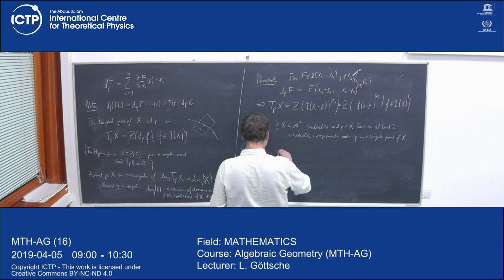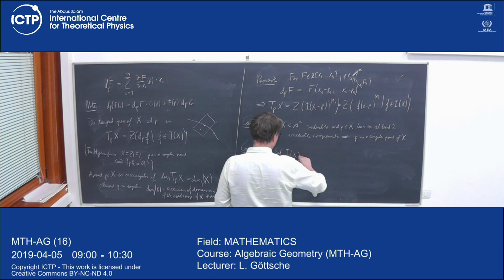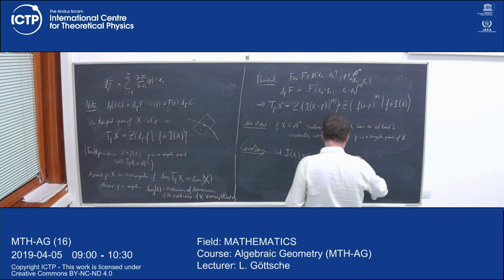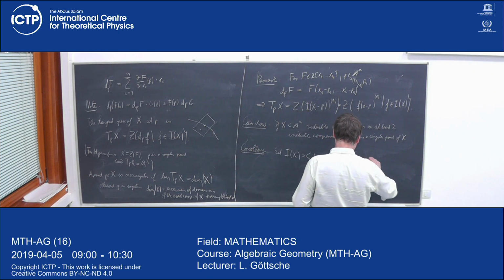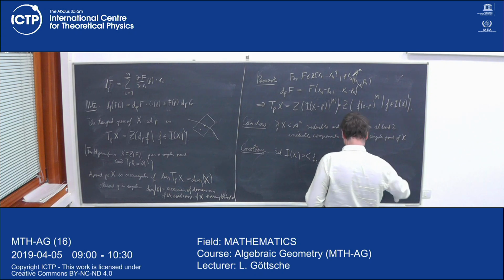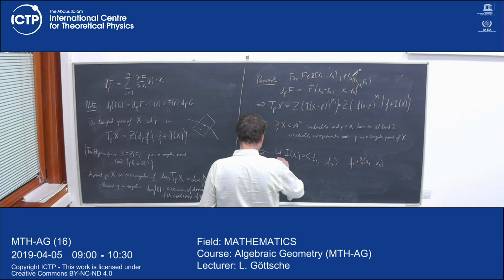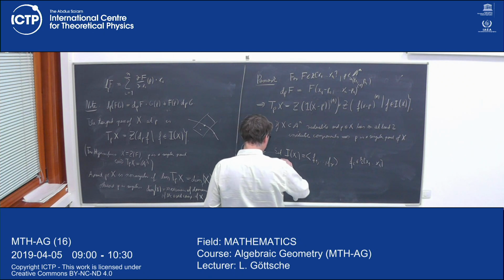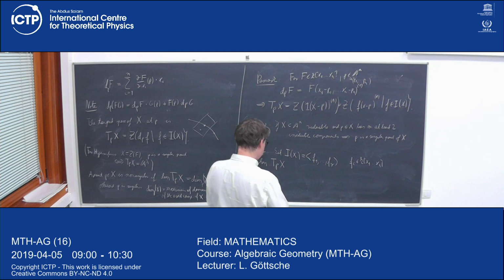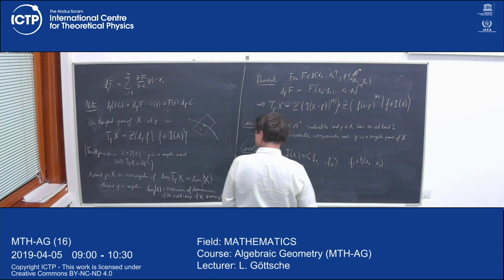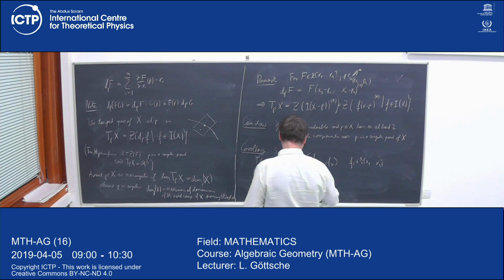If the ideal of X is the ideal generated by some polynomials F1 to Fr, then the tangent space at P, where P is in X, is equal just to the zero set of these differentials of the generators.